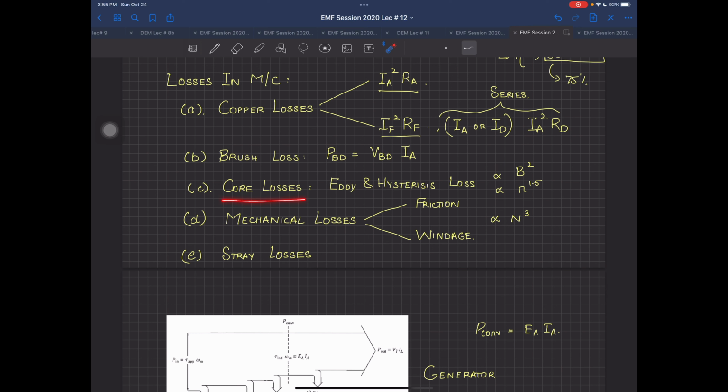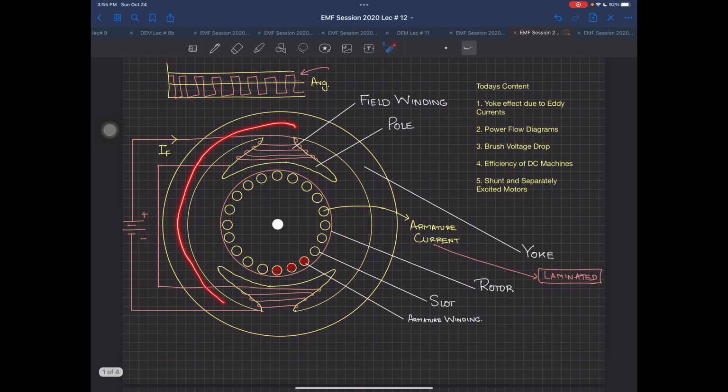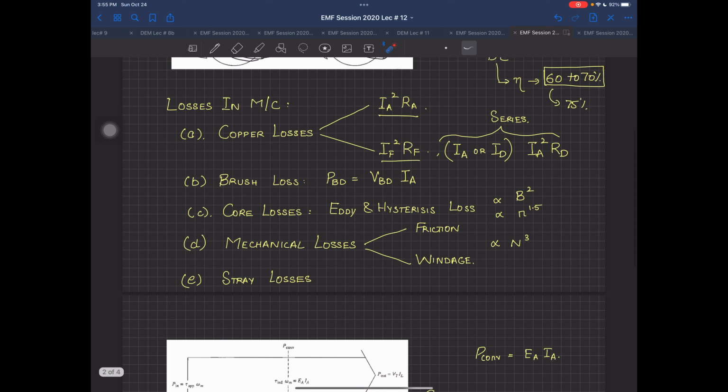Coming to the core losses, since this is made up of magnetic material, as I told you just above, all this is ferromagnetic material, this one or even this one. So there are certainly going to be eddy current and hysteresis losses. They cannot be avoided.